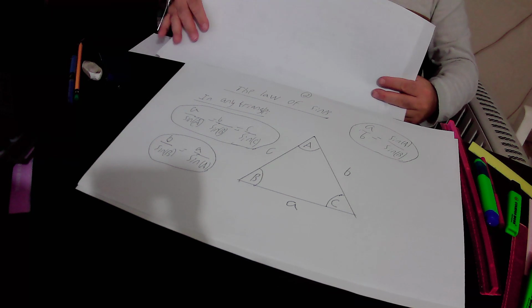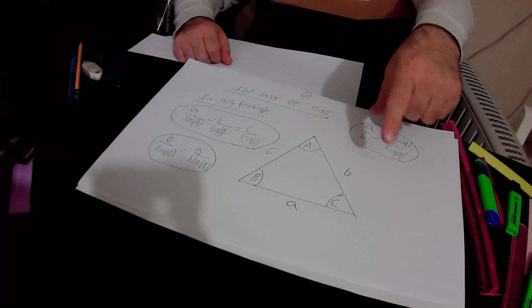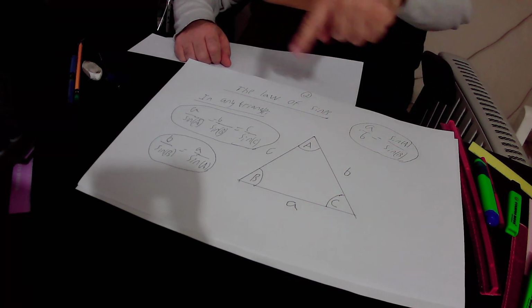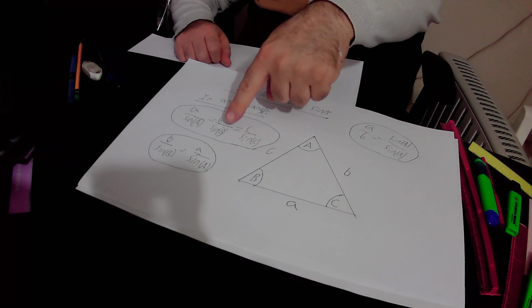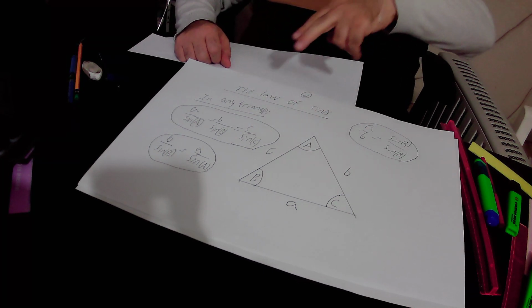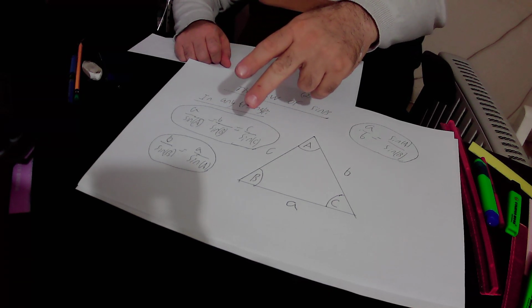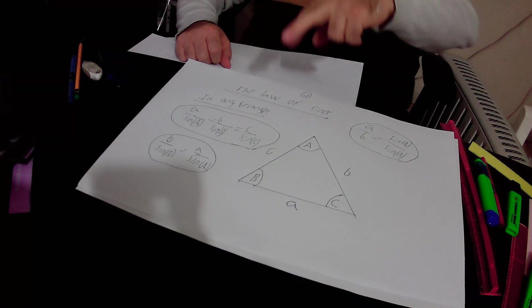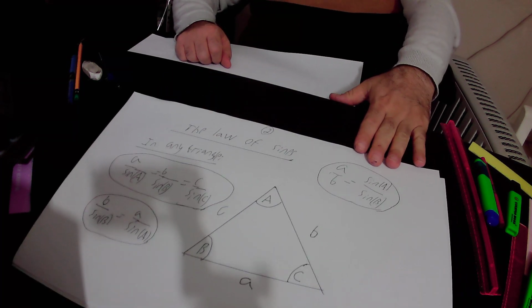According to the law of sines, in any triangle, if the length of this side is B, the length of this side is C, and the length of this side is A, then this angle is A, this angle is B, this angle is C, then A over sine A equals B over sine B equals C over sine C. From this formula, we conclude that A over sine A equals B over sine B, and if we multiply this equation by sine A and divide it by B, we get that A over B equals sine A over sine B.